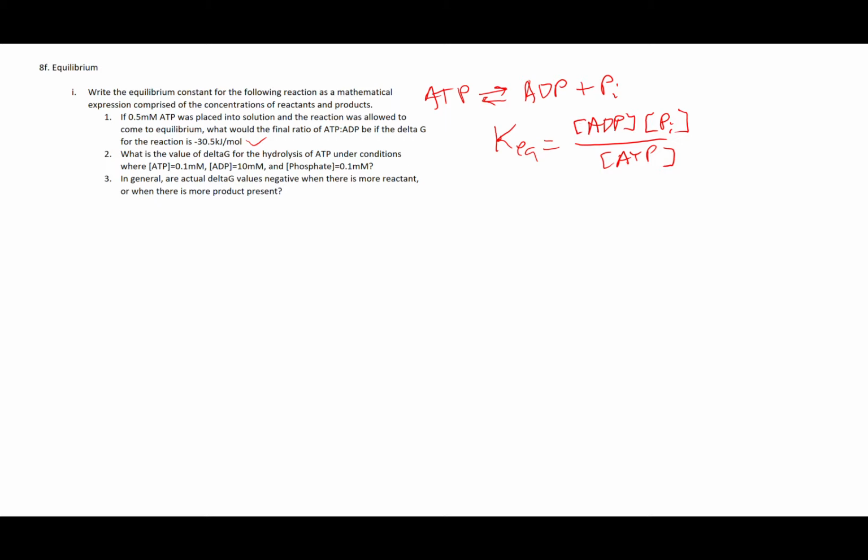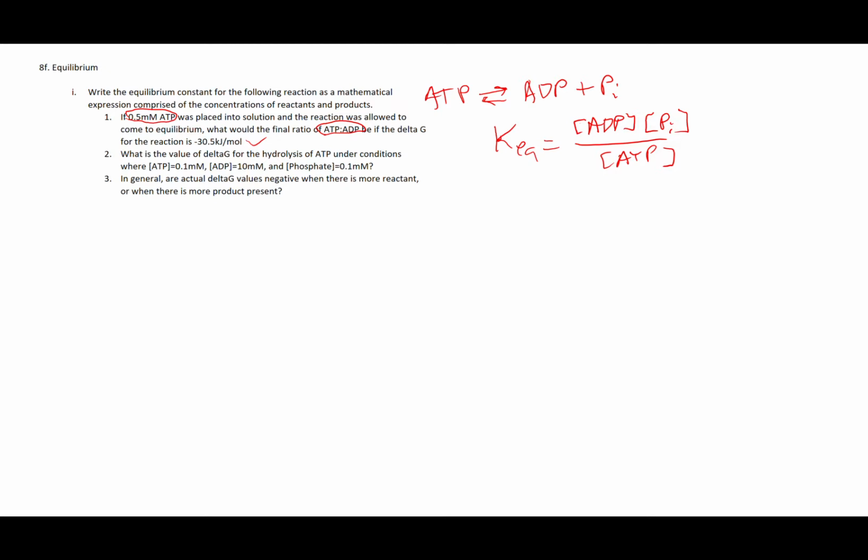We also have concentration information here. We're given concentration information about ATP, and we're also being asked for concentration information in the end. So we're looking for an equation that has delta G in it and concentration information.